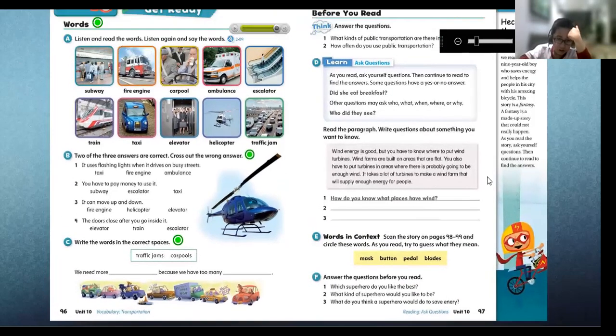Now, I want you to answer the questions before you read the story. Which superhero do you like best? I didn't like superheroes, but when I was a child, I liked Spider-Man.